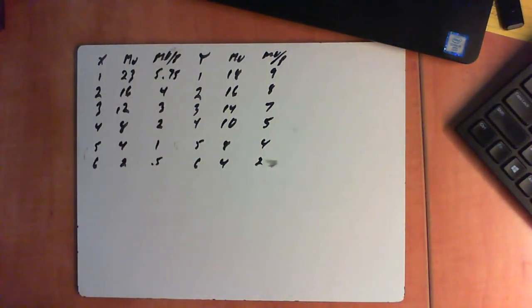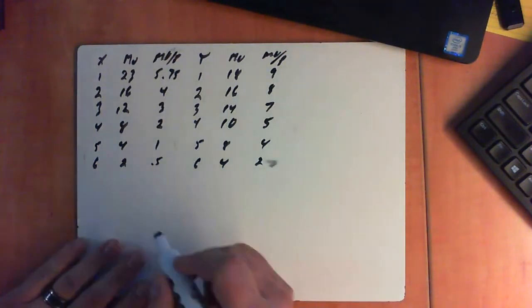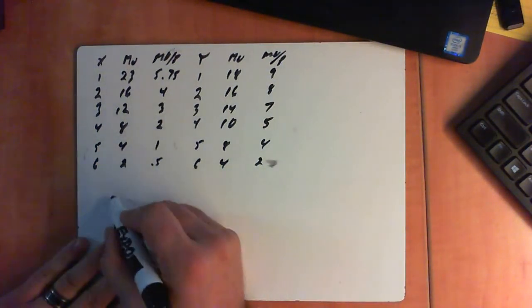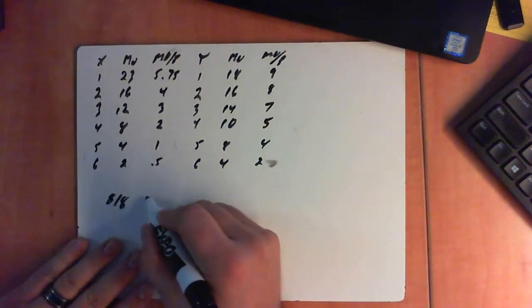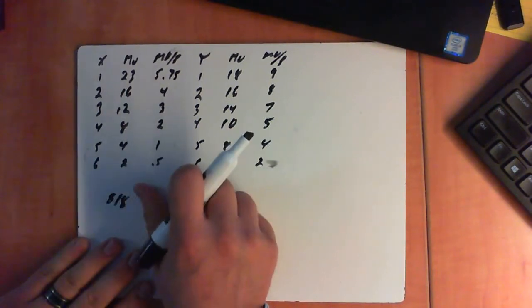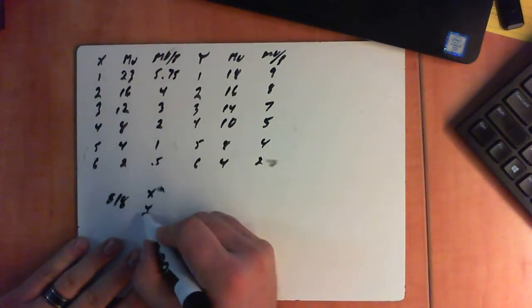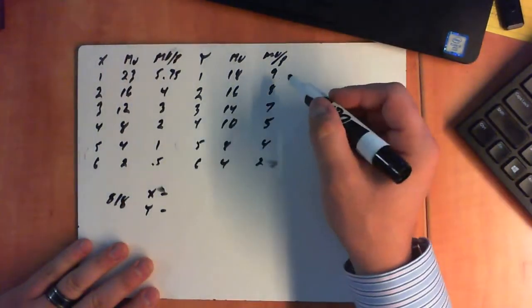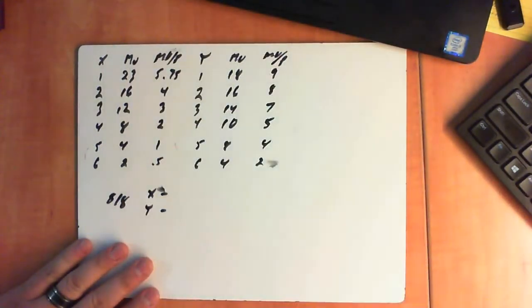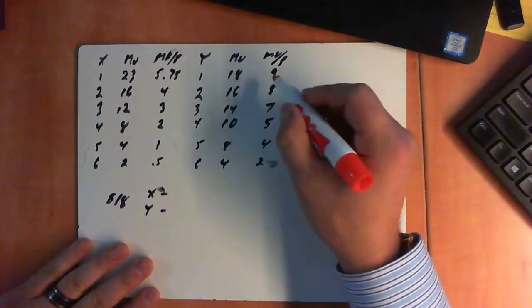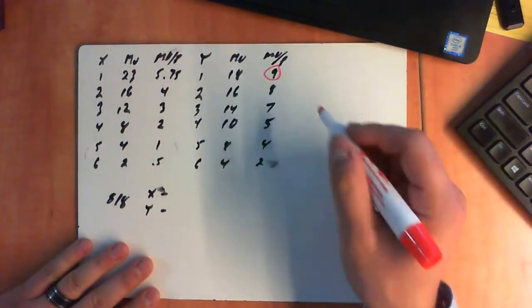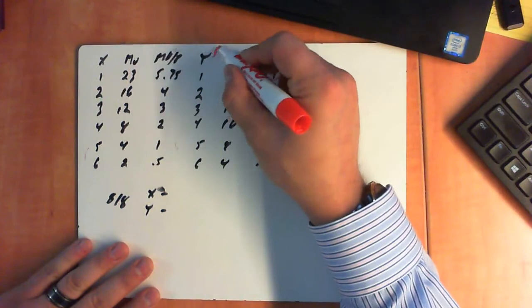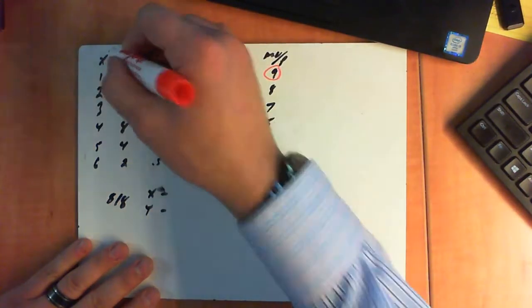Now, if we have, say, a budget of $18, how many units of X will we buy and how many units of Y will we buy? Well, by marginal utility by price, we'll buy this first unit here, 9. Right, $2, $4.